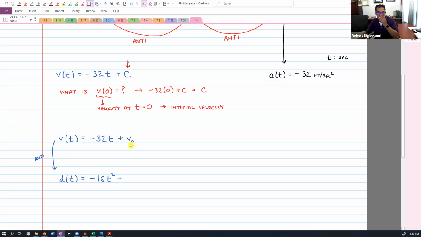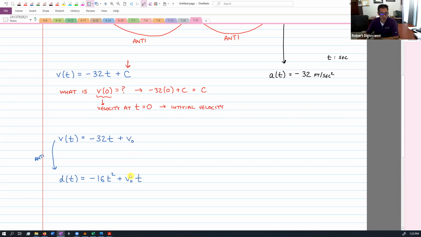Plus, now this is a constant. What's the antiderivative of a constant? Just x. What would be the antiderivative of 4? 4x. So this would be v naught t, exactly. Because this is a constant, it's v naught times t.